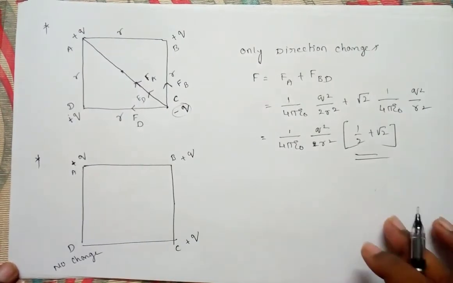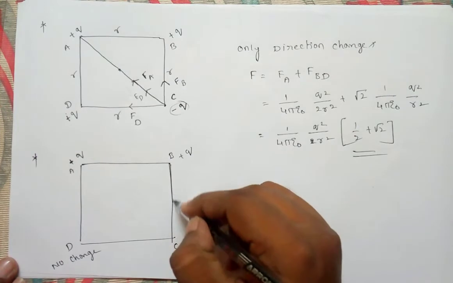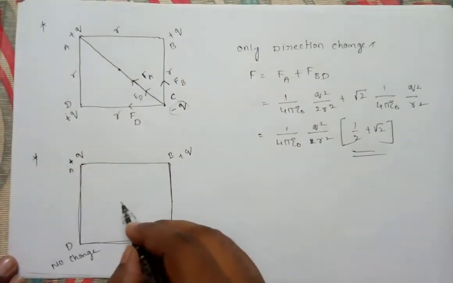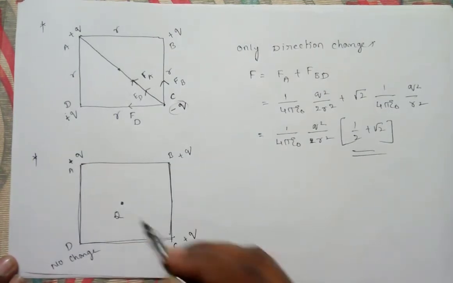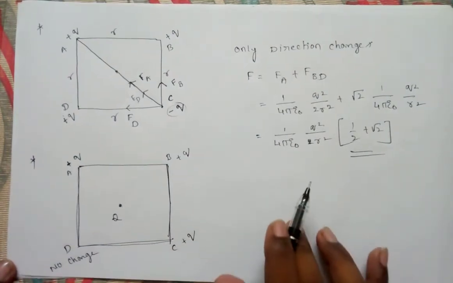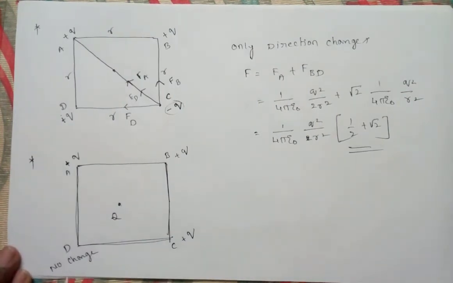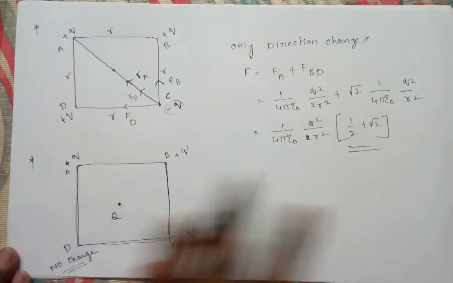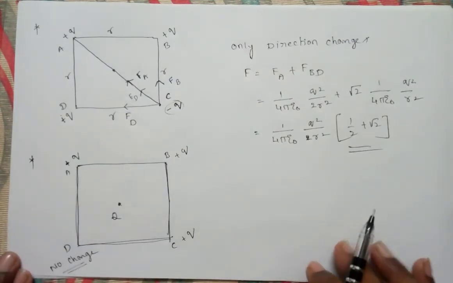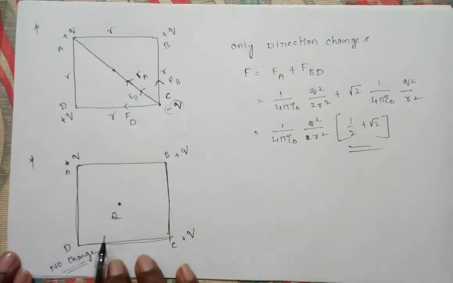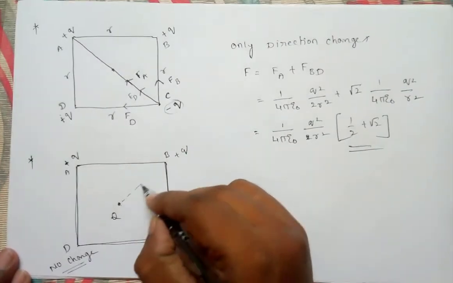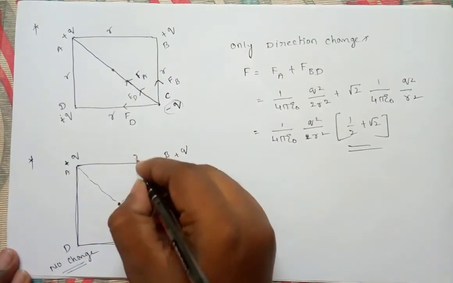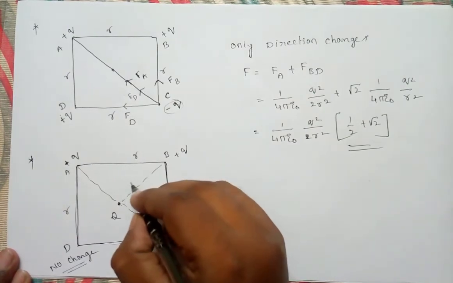When all the charges are present at the corners, then if you locate any other charge at the center, it will experience zero force. But this case is different: at one corner there is no charge, so the resultant force is not zero. So what is the resultant force? You have to observe the distances from the corners to the center. If the side length is R, we know it is R by root 2.